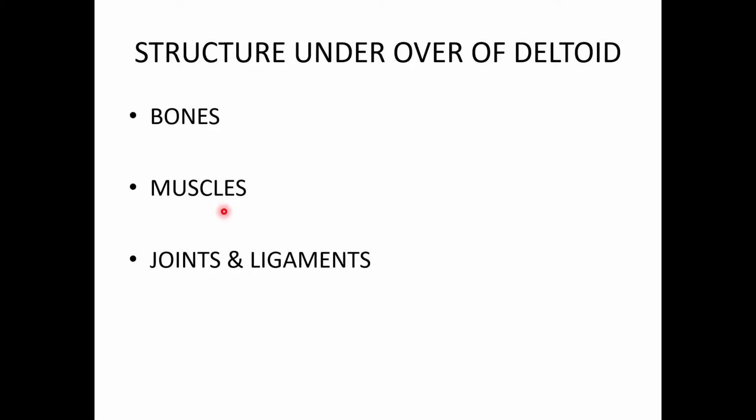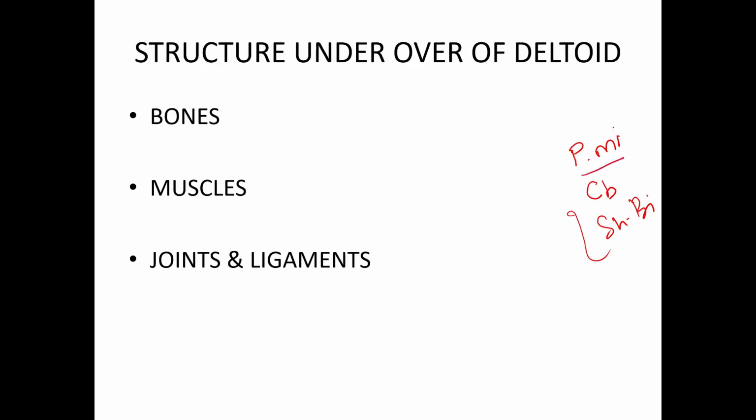The muscles which come under the cover of the deltoid are the muscles attached to the coracoid process, that is the pectoralis minor muscle, and the tip of the coracoid process which gives attachment to the coracobrachialis and the short head of biceps. Yes, these are the muscles of the coracoid process.